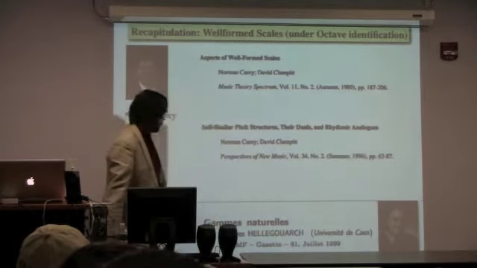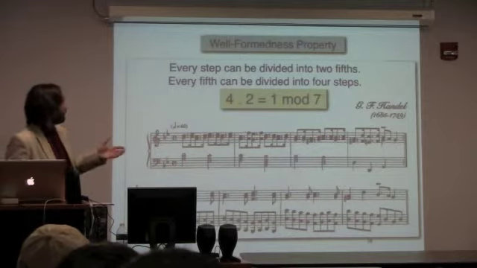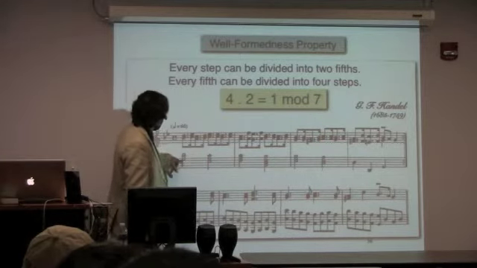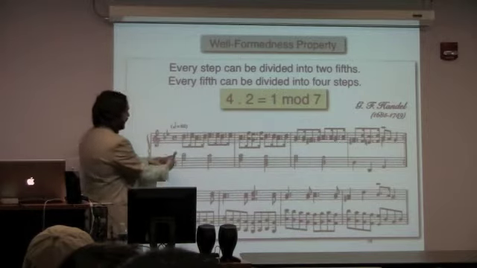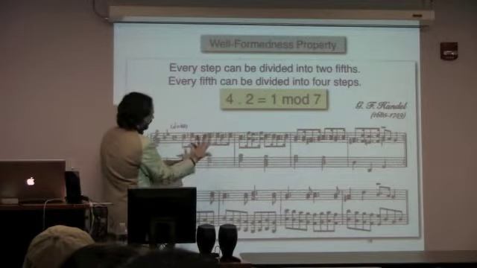Yeah, this is a nice example to exemplify what well-formedness is about. Here you see that every bar, the chord goes one tone down, okay? And so you can see that in the half bars, where the bass of the harmony actually is C, you can divide every step in 2 fifths, even the diminished one.